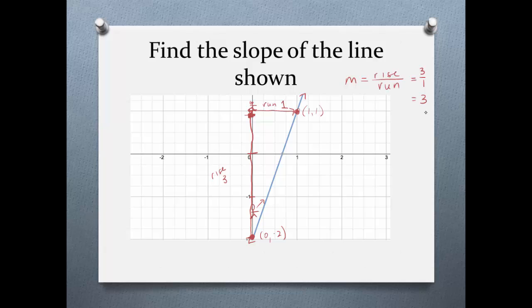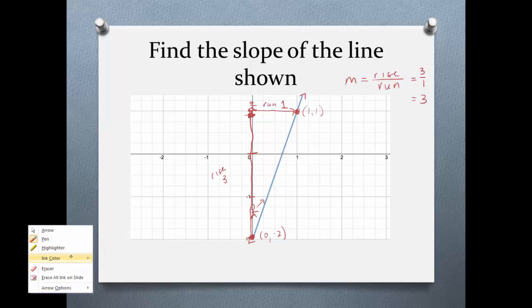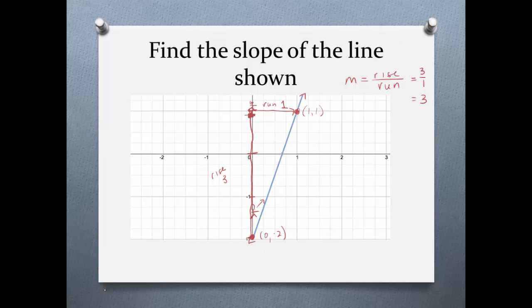It doesn't matter which point you start at. You don't have to start at the point that's the farthest to the left. I'm going to choose a different color here so you can see what I'm doing. So let's say I was actually starting at this point here. Here I am again. And I was trying to walk to this point down here.